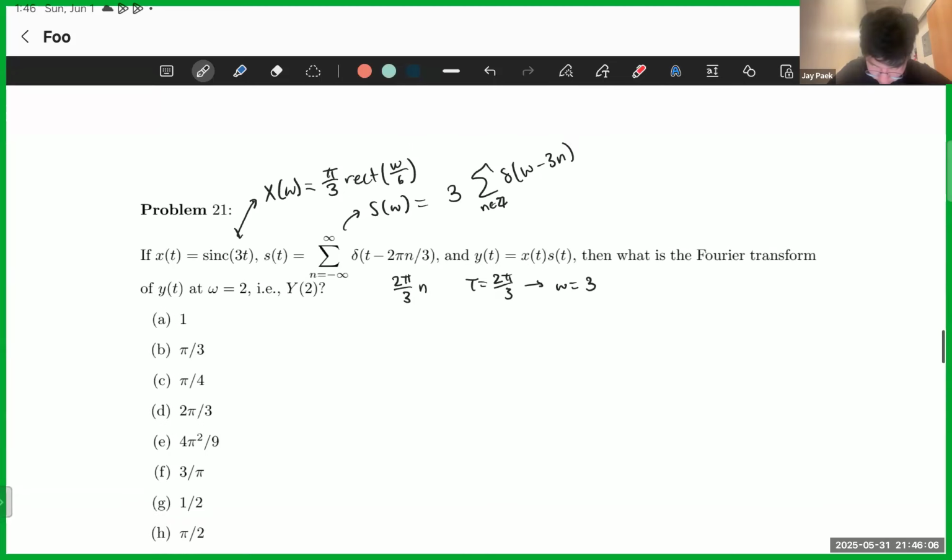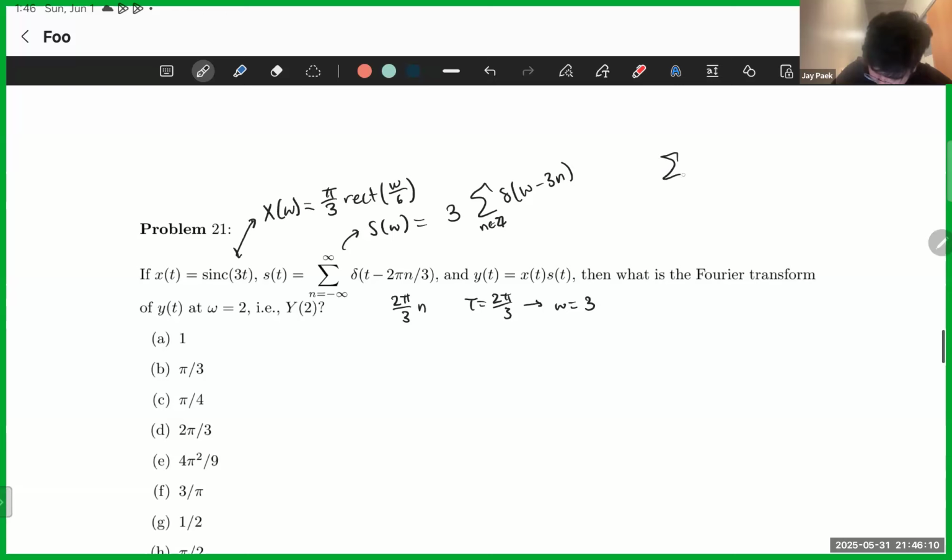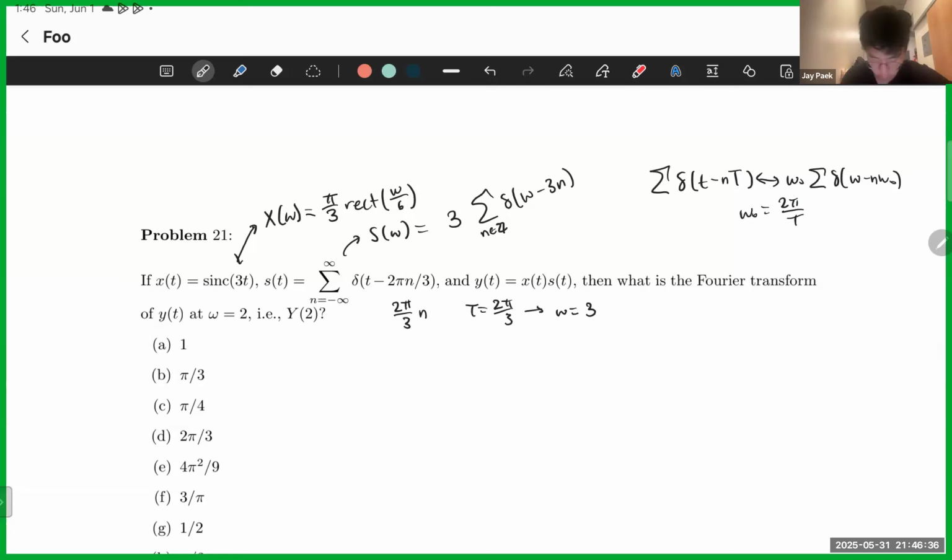Perfect. And where does this come from? Well, maybe it's important to elaborate that any impulse train has the Fourier transform of omega naught times an impulse train, where of course omega naught is equal to 2 pi over T. That's just something important.